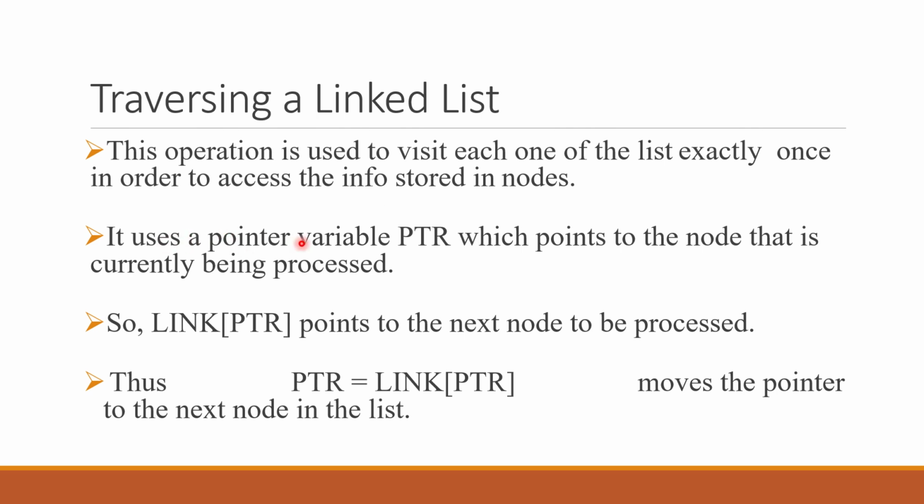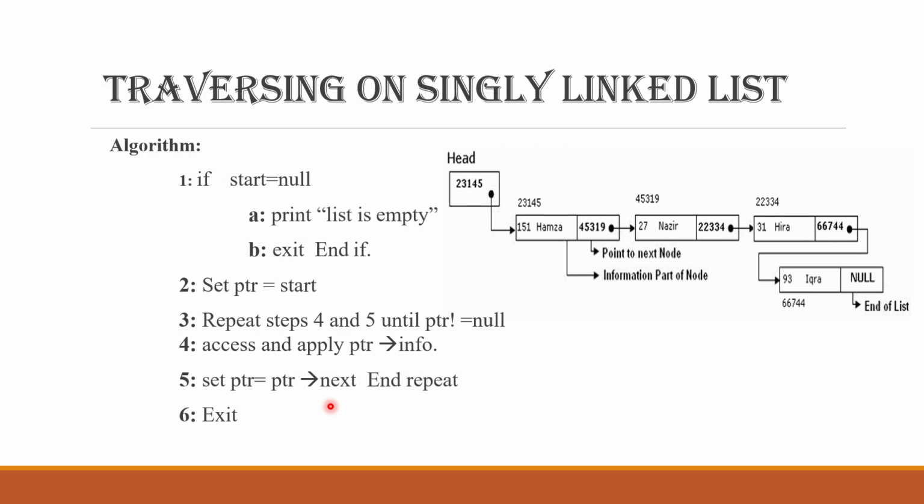It uses a pointer variable which points to the node that is currently being processed. A link pointer is used that points to the next node to be processed. Thus, assigning the link pointer to the pointer moves the pointer to the next node in the list.